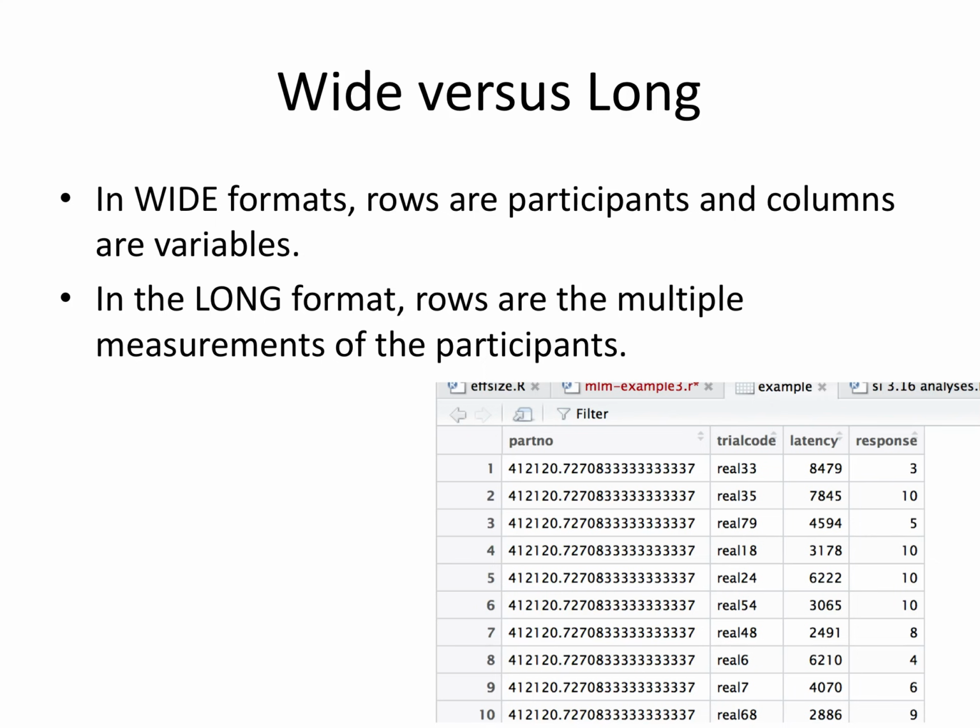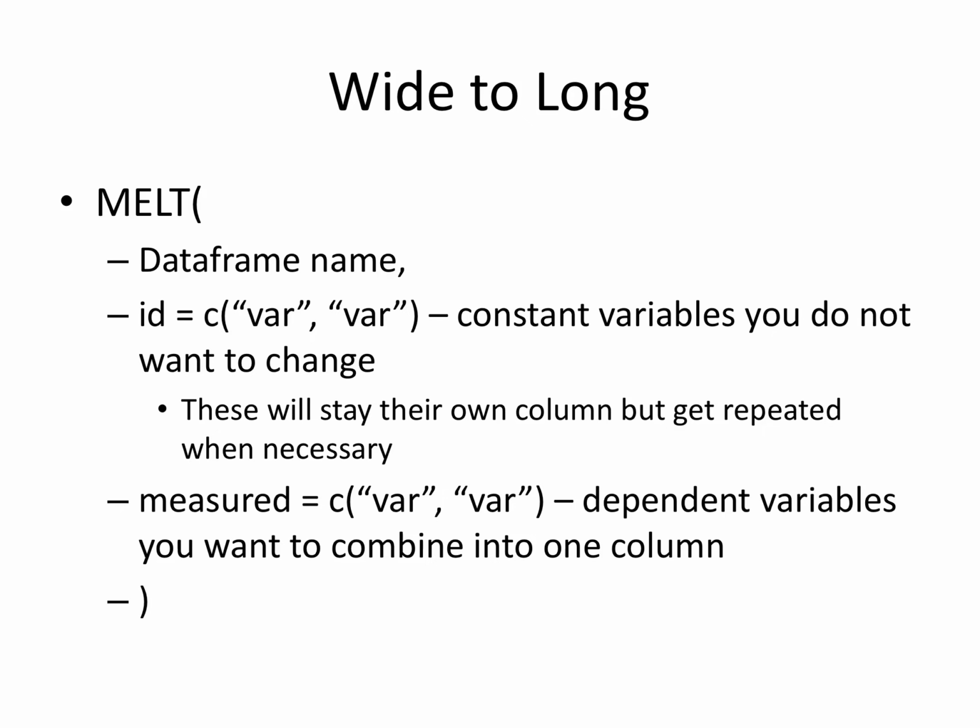This is mostly a lecture for my class, but I think I have a quick how-to for reshape. So the melt function in reshape, and that's lowercase melt here, not uppercase. Open parentheses, the data frame name, and then you do id equals, and those are constant variables you don't want to change, like gender or participant number.